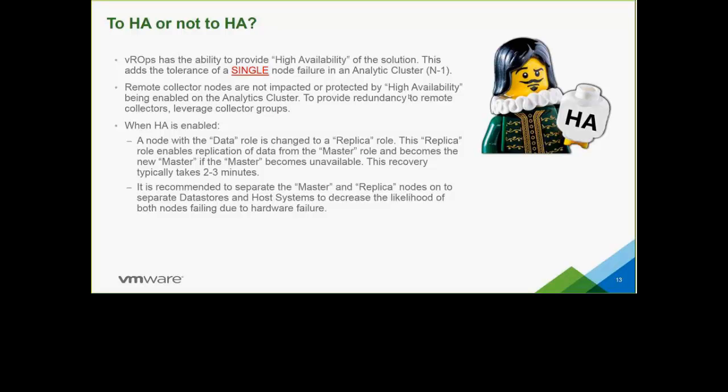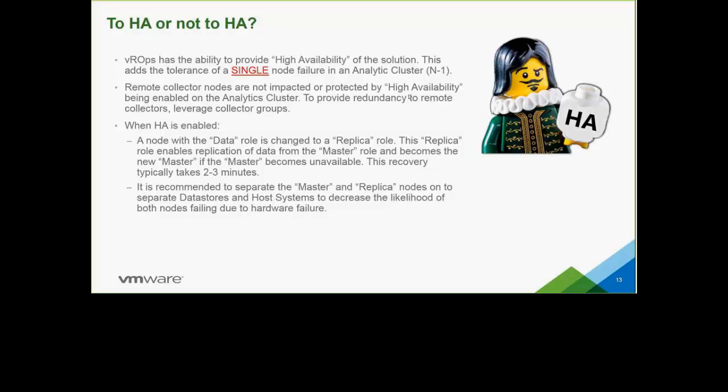Apart from that, as soon as you enable HA, any data collected or any metric being computed gets written into two locations. So if you have master, replica, data 1, data 2, and something comes in and saves into data 1, it will automatically make another copy of it in data 2 or in master or in replica.